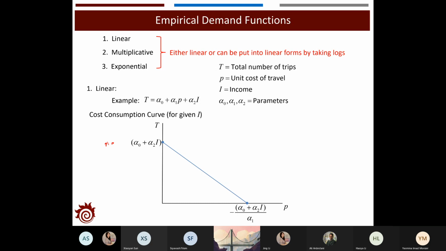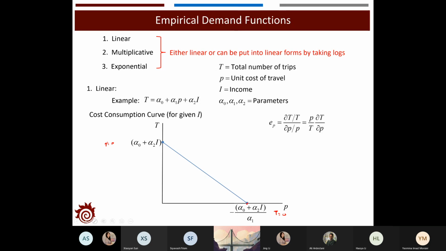That is alpha 0 plus alpha 2 I. When t equals 0, we have the highest price. So this is for the case t equals 0, and the highest price we obtain is minus alpha 0 plus alpha 2I divided by alpha 1. So this is the linear cost consumption curve.